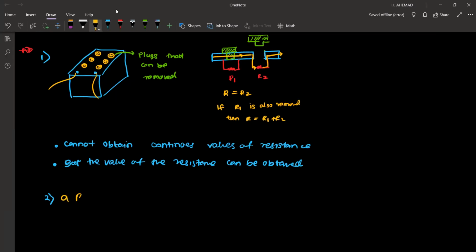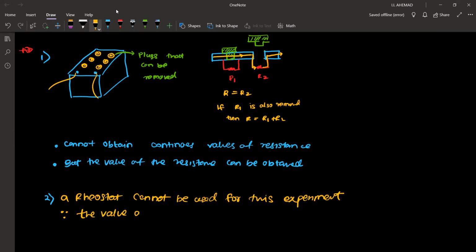Rheostat cannot be used for this experiment since the value of R has to be obtained or has to be read. Okay, are the points clear?